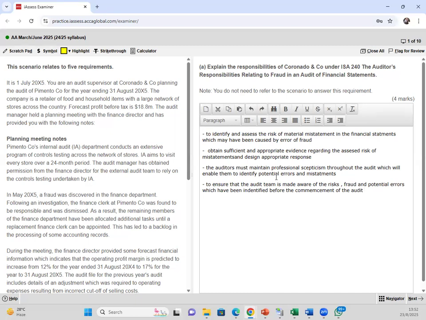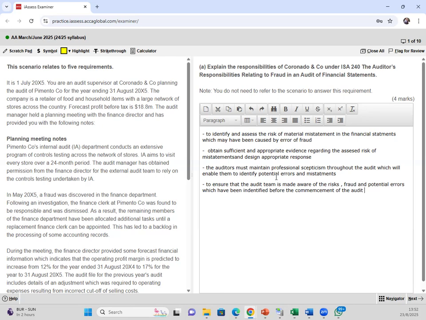So the questions which require application are based on the case. It is 1 July 20X5. You're an audit supervisor at Coronado and Company, planning the audit of P Company for the year ending 31 August.